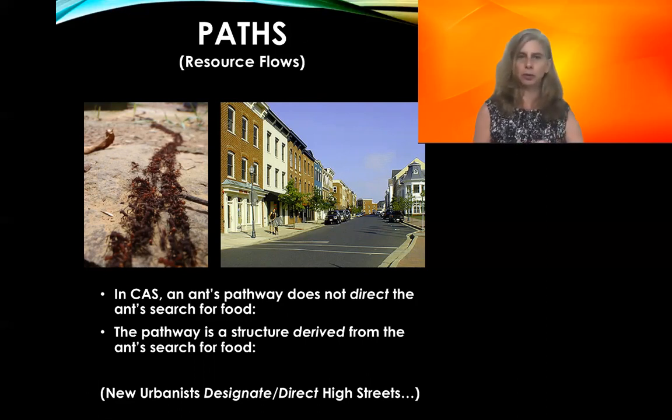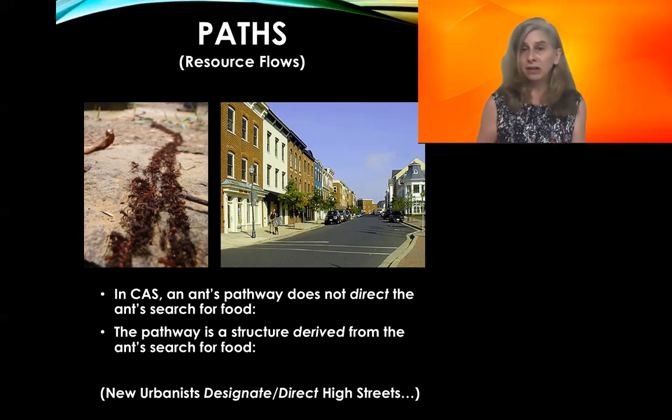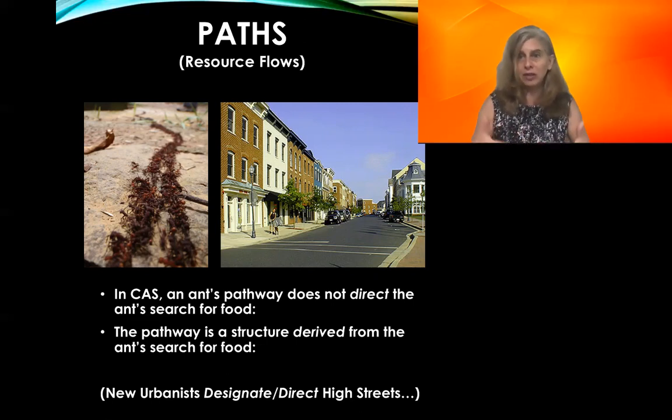If you were to force a bunch of ants to go along a certain line, the ants could walk that pathway, but the pathway would be meaningless unless there was food at the end of it. So the pathway is a structure that emerges, that is derived from the ant's search for food. When the ant finds food, it leaves a pheromone trace, and then the path is formed because of that pheromone trace.